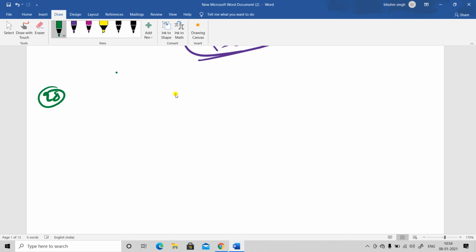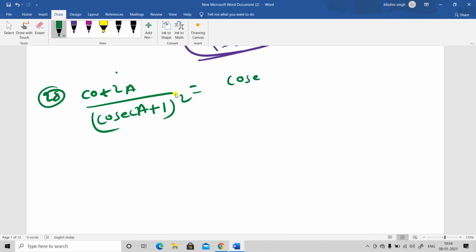Question number 28: cot square A divided by (cosec A plus 1) whole square. So cot square A I will write as cosec square A minus 1, divided by (cosec A plus 1) whole square.